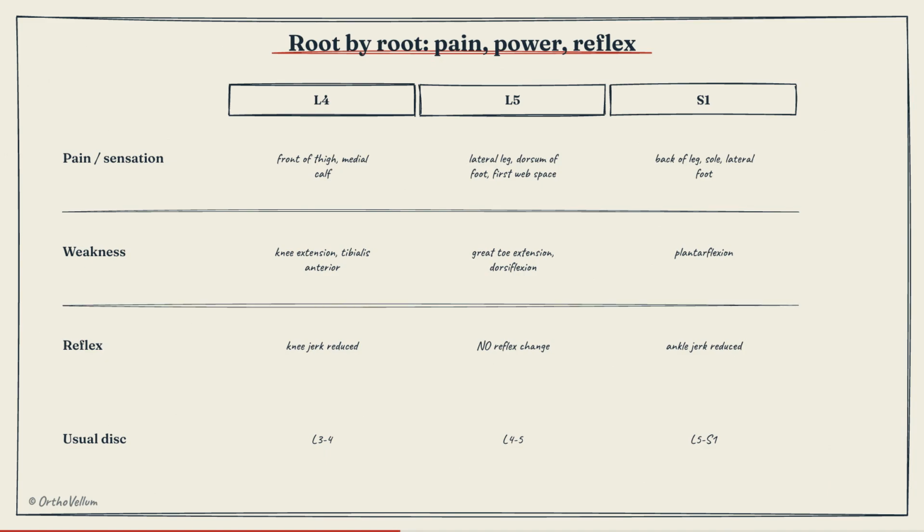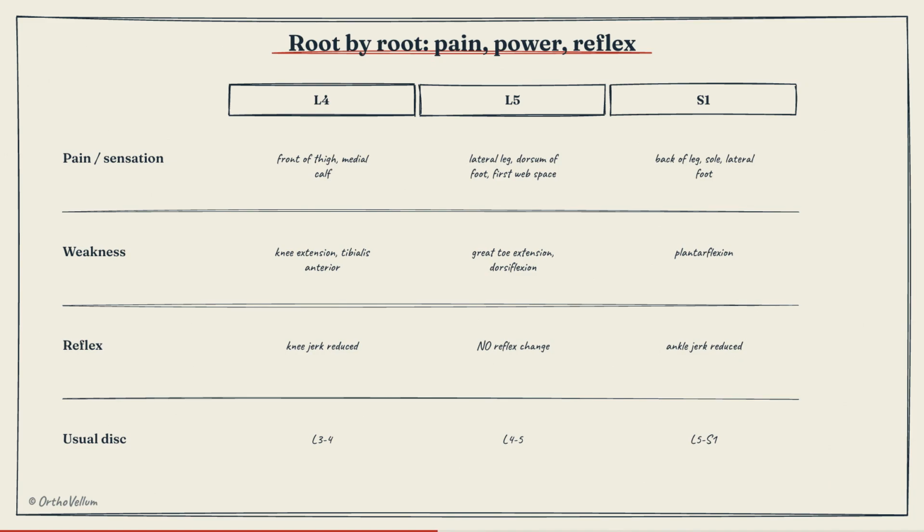An L4 root gives pain down the front of the thigh to the medial calf, weakness of knee extension and of the tibialis anterior, and a reduced knee jerk. An L5 root, the commonest, gives pain down the lateral leg into the dorsum of the foot and the first web space, weakness of great toe extension, weakness of ankle dorsiflexion, and characteristically no reflex change at all, because L5 has no easily tested deep tendon reflex.